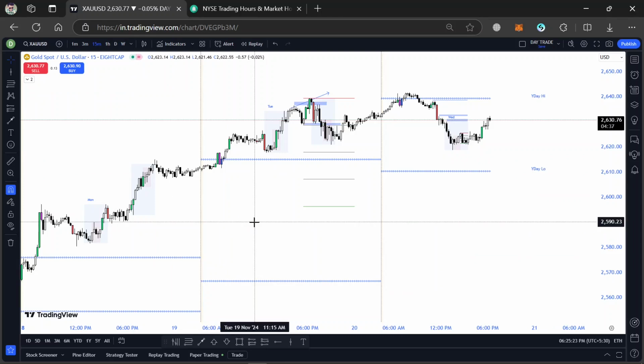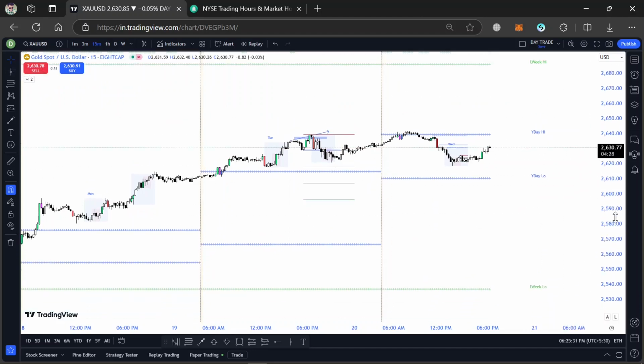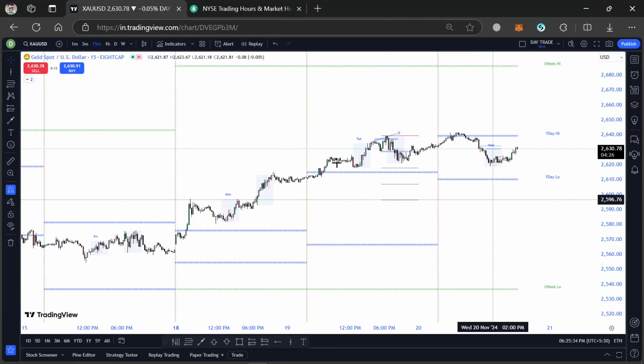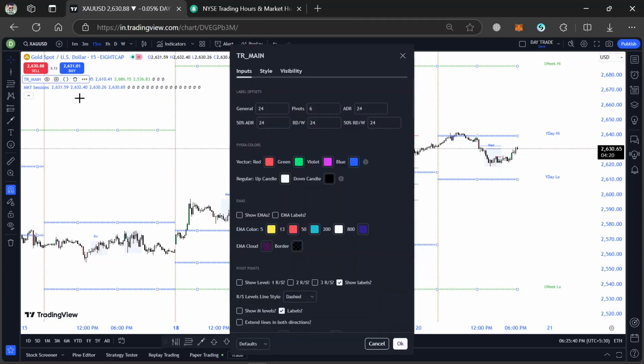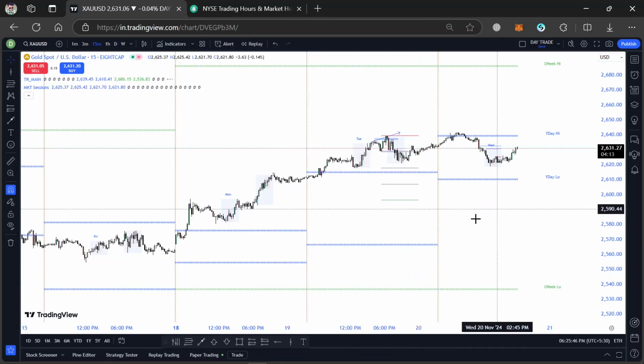So this is what I use at the moment, right? So my chart is looking like this every time. I have this yesterday high and low, also I have got rid of that as well. Okay, so let me just get rid of that.